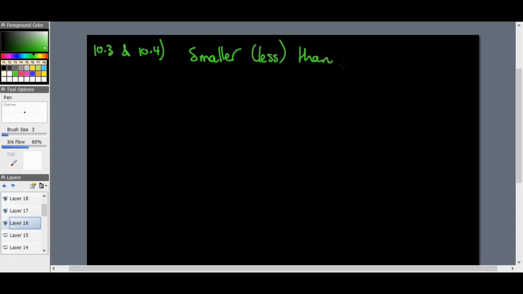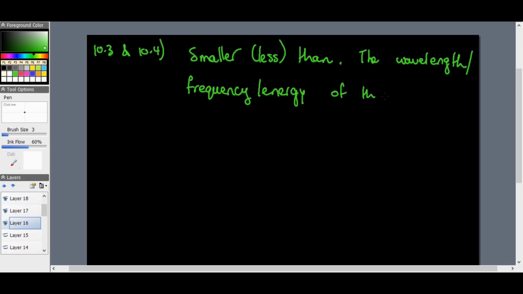Okay, and the reason is that the wavelength, I wanted to cheat and say lambda, but let's rather write out the word since it's an explanation. The wavelength, or frequency, or energy of the incident light will remain constant.